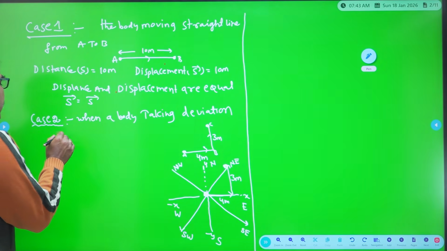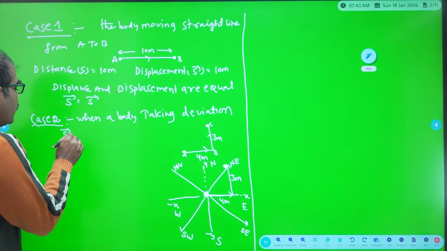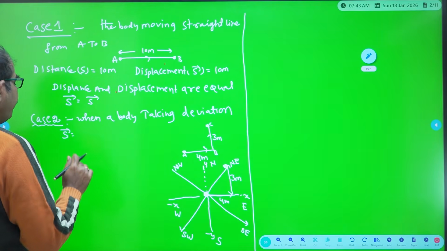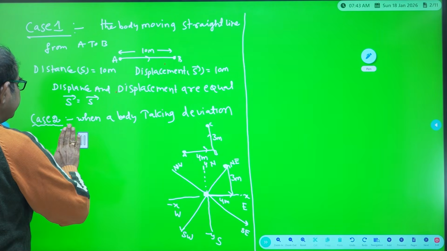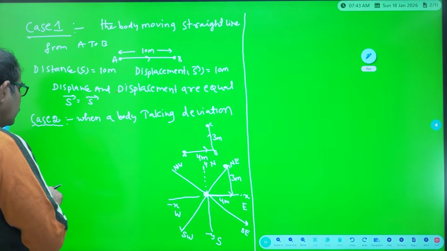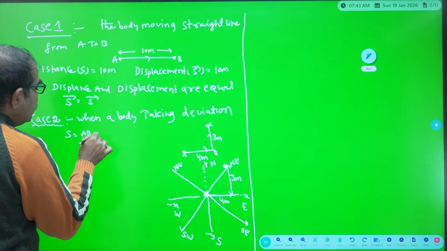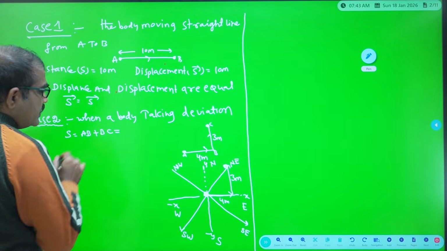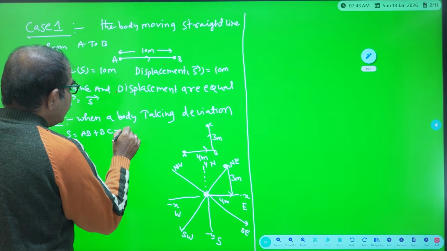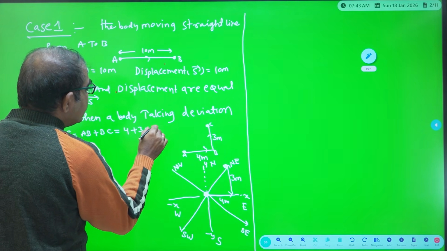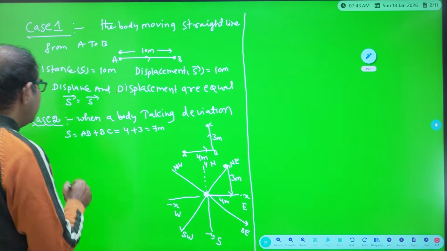Distance S is equal to AB plus BC, AB is 4 meter, BC is 3 meter. 4 plus 3, that is 7 meter is the distance.